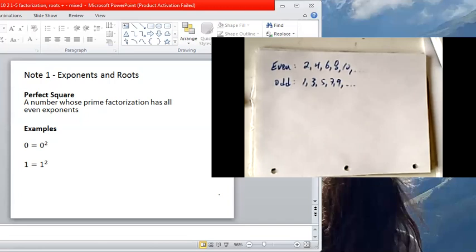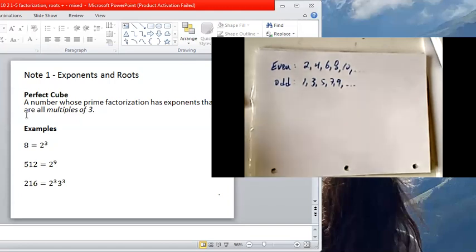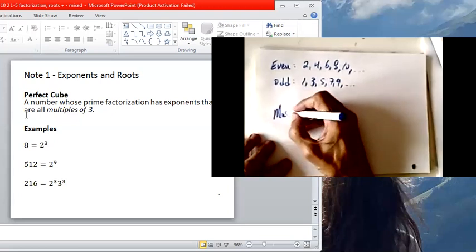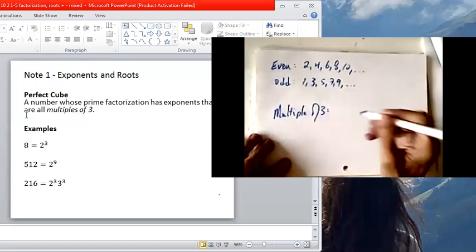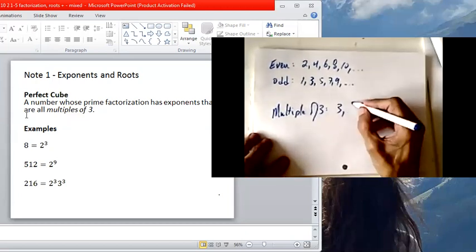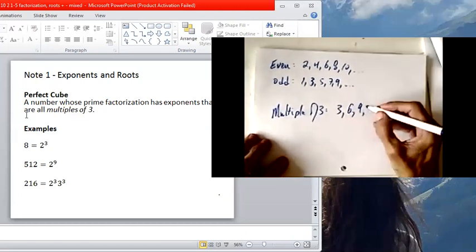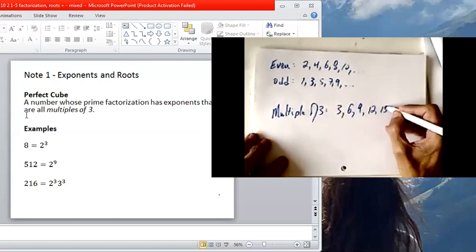Okay, just taking a look at squared numbers and also take a look at cube numbers. A perfect cube is a number that has exponents that are multiples of 3. So what do we got? 3, 6, 9, 12, 15.